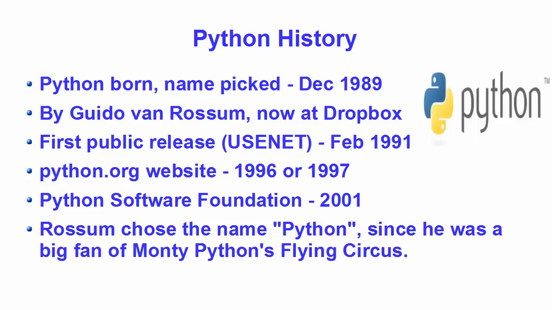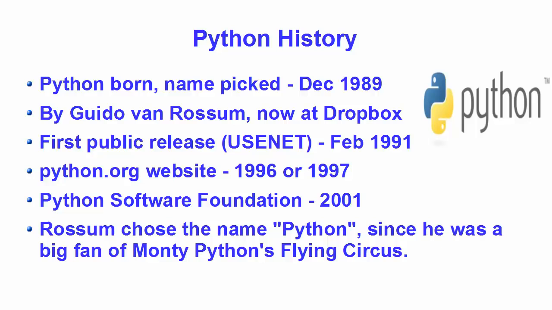Python was first publicly released in February 1991, and python.org, which is the official website of Python, was released in the time period between 1996 and 1997. In the year 2001, the Python Software Foundation was created and Van Rossum remained the principal author of Python.